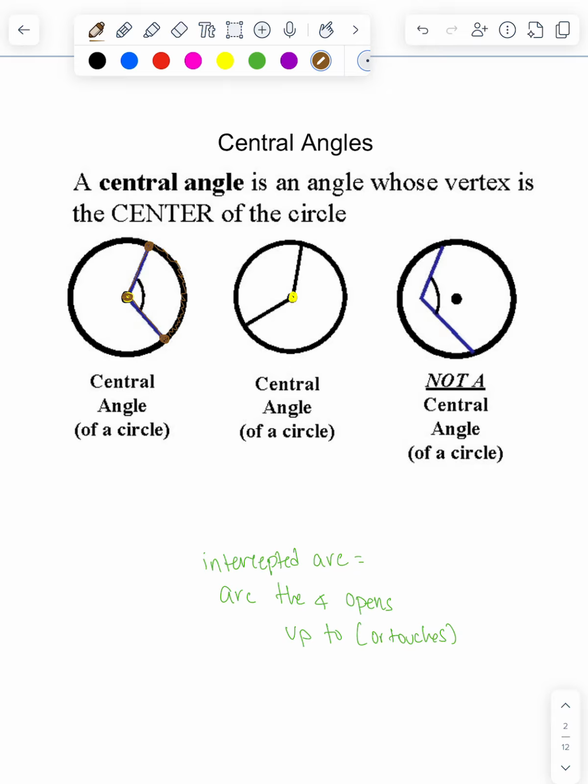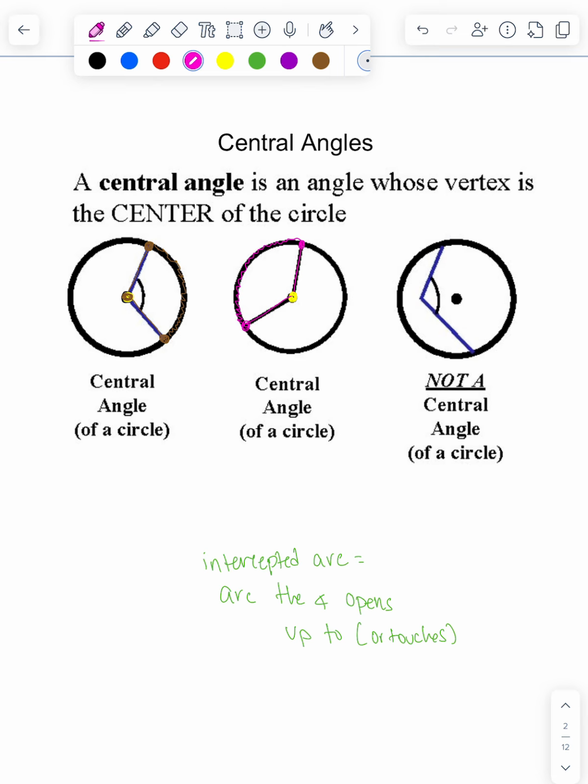So the intercepted arc for the central angle on the left would be the arc that I just traced over in brown along the circumference of the circle. For the middle one, if I follow the rays of the angle down to the endpoints, where the endpoints touch is the intercepted arc for that angle.